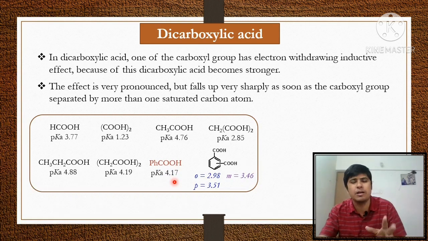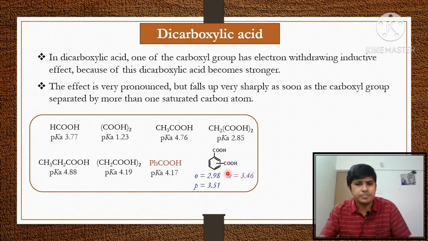That depends upon the temperature. I have taken this value maybe from another reference book. A slight variation in temperature changes the pKa value, so we have different pKa values of benzoic acid from 4.17 to 4.20.